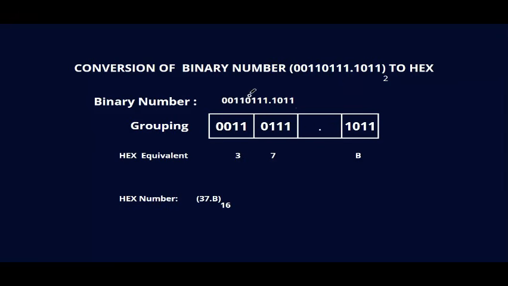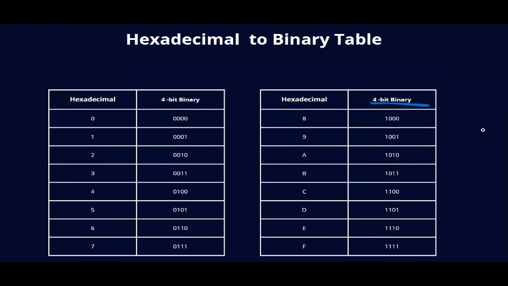So we get like this, and the nibbles are 0011 and 0111. Then for the fractional part, we group towards the right of the binary point and we get the nibble 1011. You can refer to this table to get the hexadecimal equivalent of the 4-bit binary.